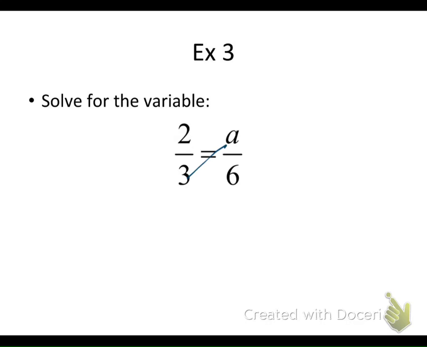It does not matter if I do 3 times A first or if I do 2 times 6 first. I always like to go from top to bottom, so that's the order that I'm going to go. So I'm going to take 2 times 6 and get 12. Then I'm going to multiply 3 times A and get 3A. So 12 equals 3A. I just cross multiplied.